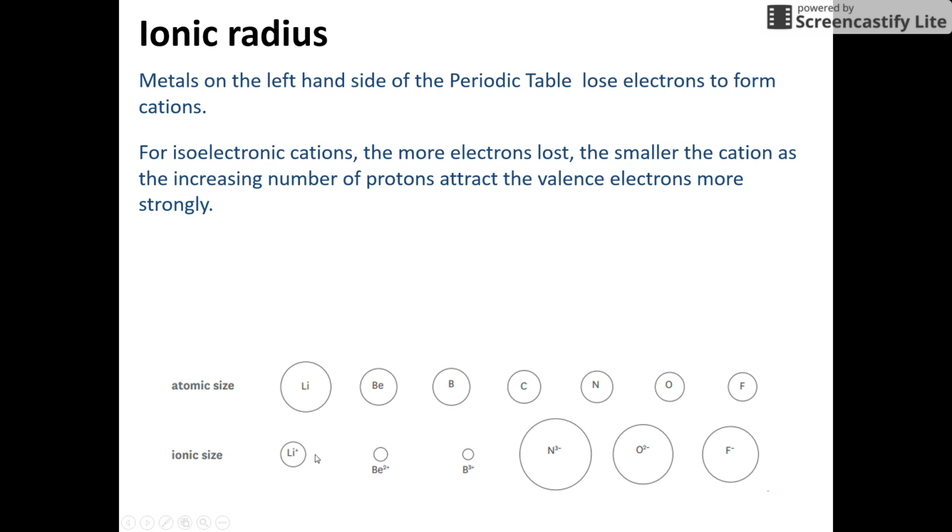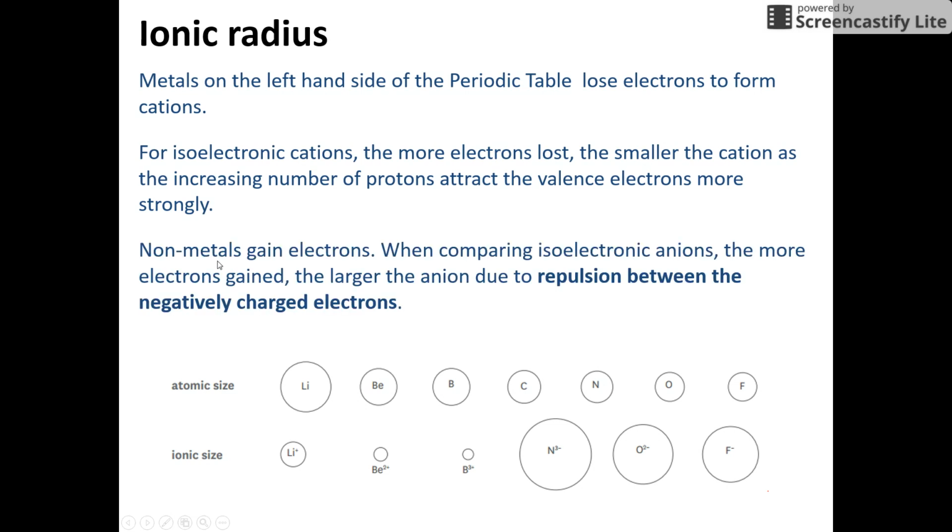These all have 2 electrons, so they're isoelectronic. And the nonmetals, as I said, form the anions because they gain electrons. And in this case, going from fluoride to oxide to nitride, the more electrons gained, the more repulsion, so the bigger the anion.